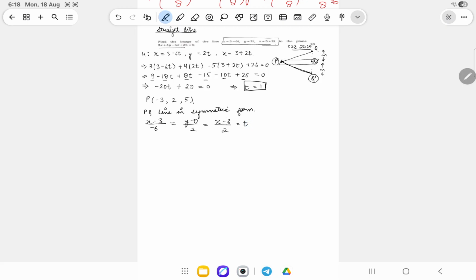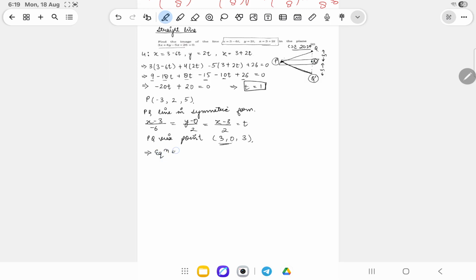We observe that the PQ line is passing via point 3, 0, 3. I know that if a line passing via point 3, 0, 3 is perpendicular to the given plane, then its direction ratios must be parallel to the normal of the plane. Using that, I can find the equation of the line passing via this point, which I name Q, and perpendicular to the given plane.